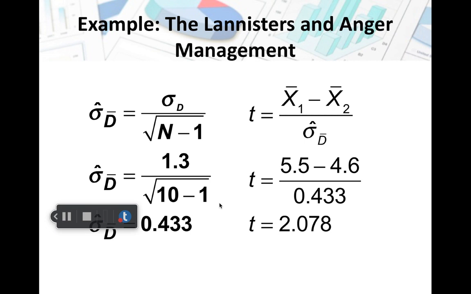So again, this is just like confidence intervals, except I have this one little baby step where I have to create difference scores. Then I take my difference scores, I get my standard deviation, I get my standard error, the sigma hat sub d, and then I'm ready to actually plug it into t.